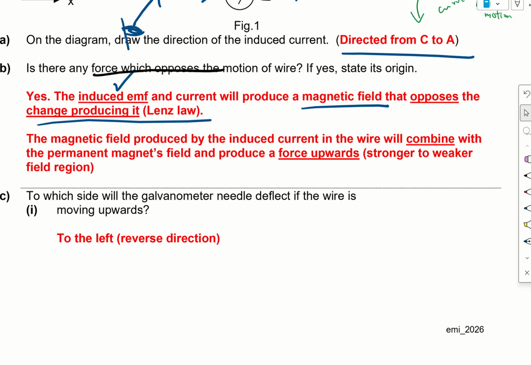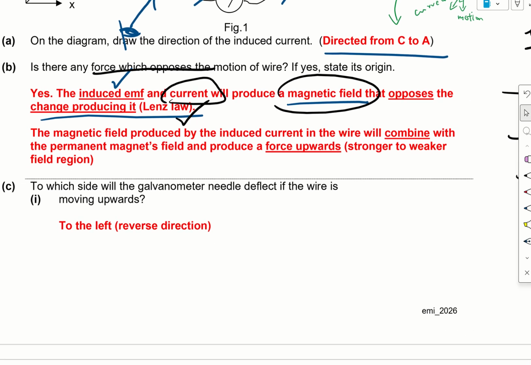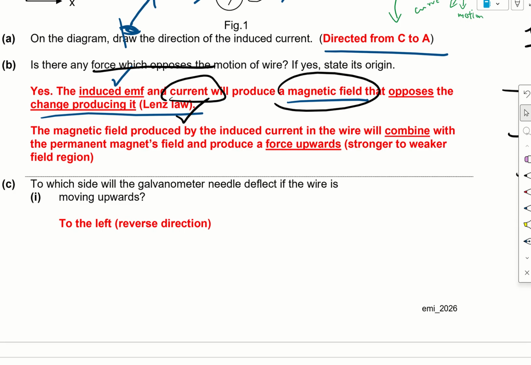Okay, so is there any force? Yes, there is a force because the induced current will produce a magnetic field that opposes the change producing it. So this is Lenz's law. And in order to understand how the force is produced, you need to look at the magnetic field and the external magnetic field, how they interact.